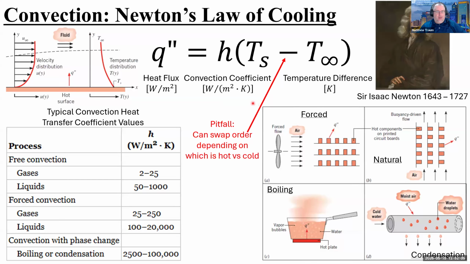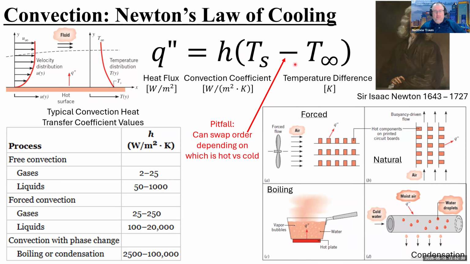I will mention a pretty important pitfall here. The book does this and doesn't even explain it. I was like, what the hell is going on? T_s and T infinity can swap places if needed, depending on which one of them is hot and which one of them is cold, right? So h is always a positive value. Your heat flux, you always want that to be positive in the direction the heat is moving.